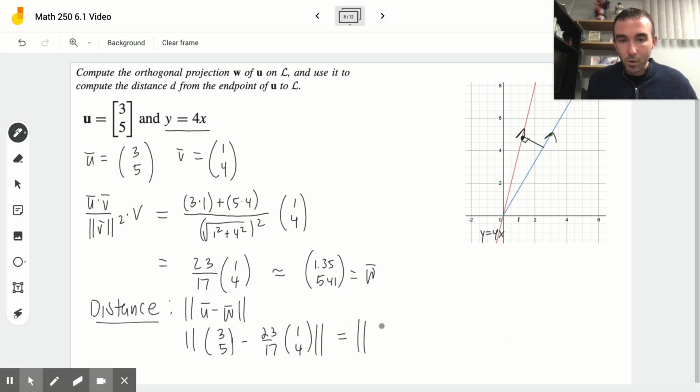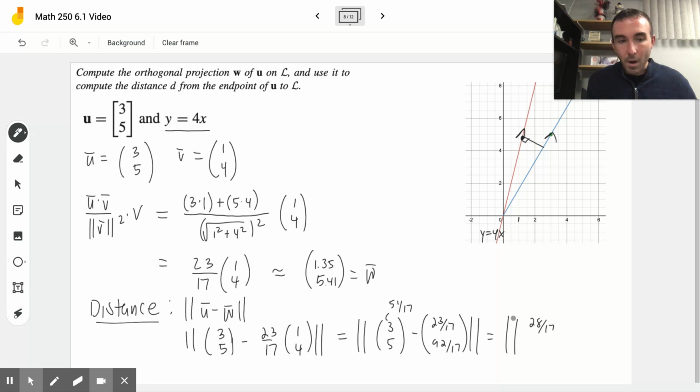This equals the norm of (3, 5). Not a fraction inside, bad habit. So it's 3 minus 23/17 as your first component, and then 5 minus 92/17 as your second component. So using common denominators, you want to convert the 3 to 51/17. 51/17 minus 23/17 is 28/17.